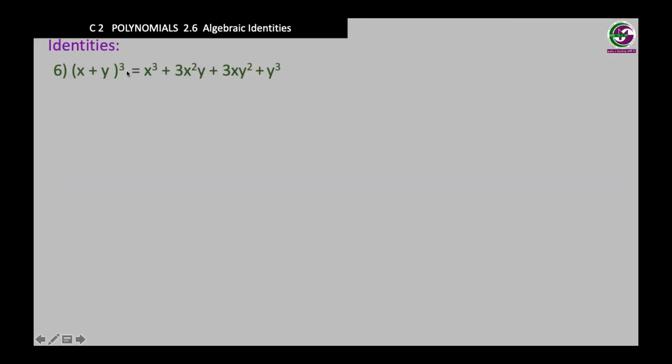X plus y the whole power 3 is equal to x cube plus 3x square y plus 3xy square plus y cube. This is similar to x plus y whole square, but we have 4 terms here because the power is 3. And how do we do that? First term power 3. Second term power 3 is the last term in the expansion.